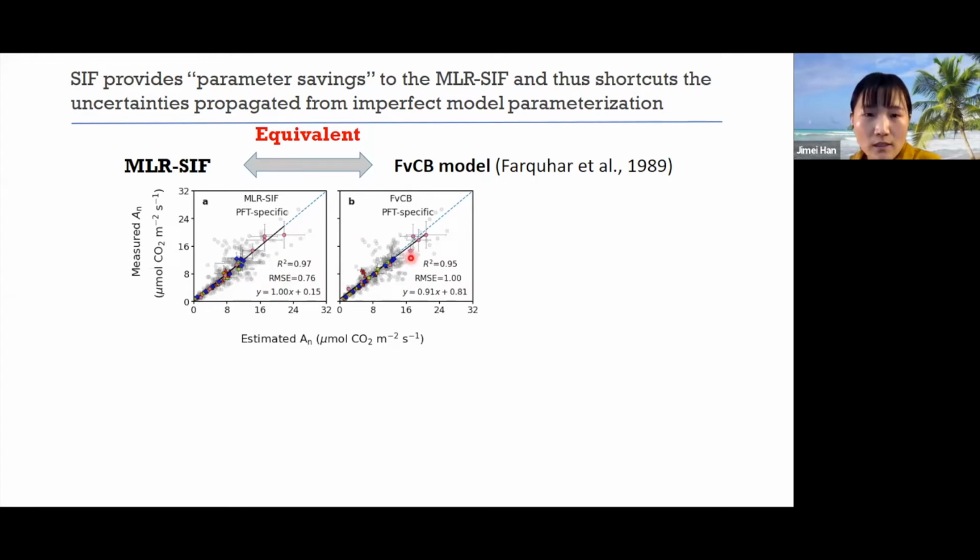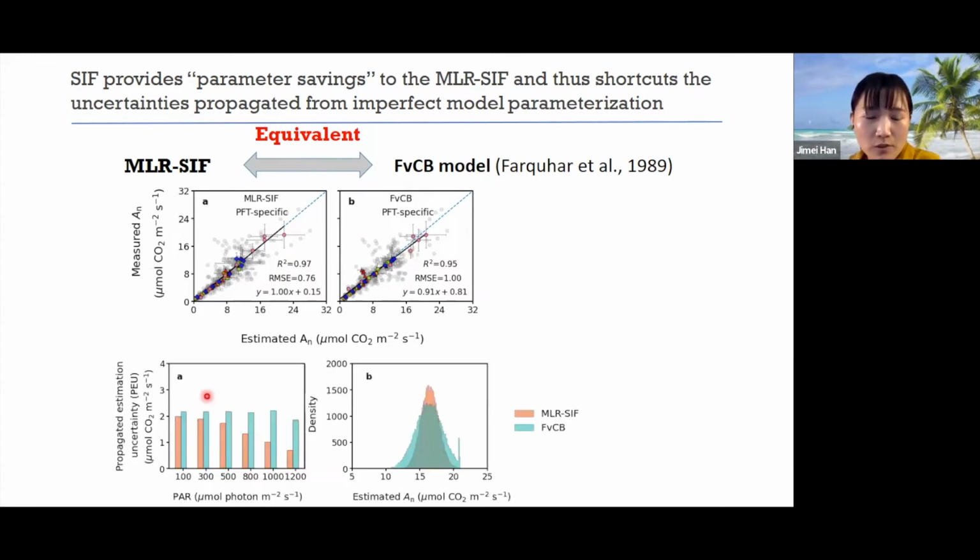And also we used Monte Carlo simulations to test the uncertainties of these two models. Figure A shows that our model suffers less uncertainty at different light intensities, and also shows a narrower density distribution of photosynthesis at a saturating light.